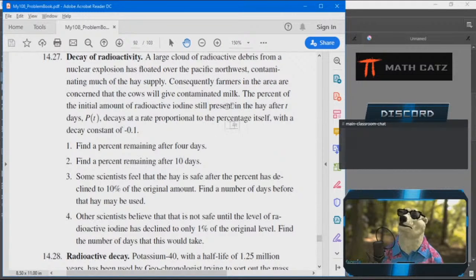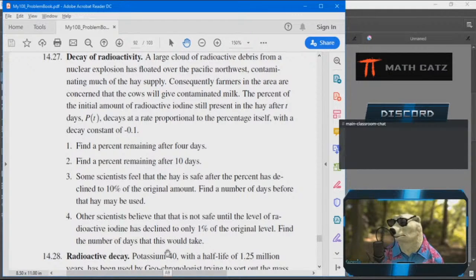The percentage of the initial amount of radioactive iodine still present in the hay after T days is now represented by P of T. So they define it for me. I don't have to. It's not a Y. It's not an N. It's a P. And it decays at a rate proportional to the percentage itself, with a decay constant of -0.1.